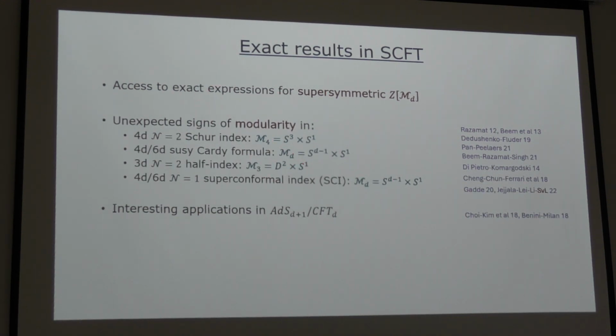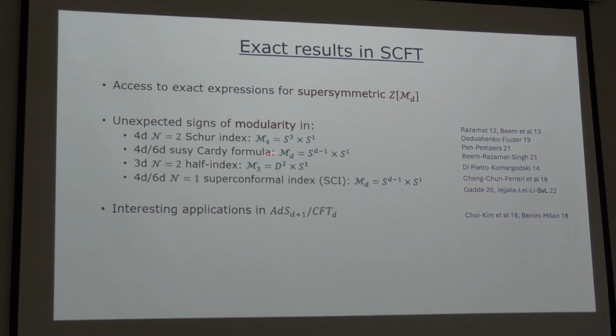And indeed, there are unexpected signs of modularity in a whole host of supersymmetric partition functions, including these indices, which I'll define in a moment, but which are rather close, at least in the definition, to what a thermal partition function is.